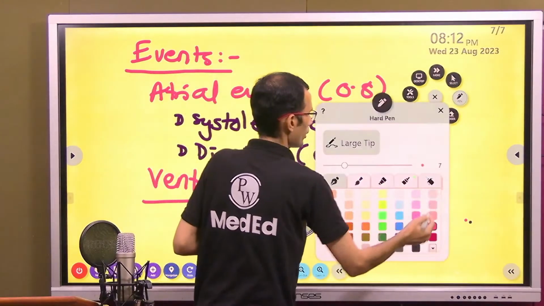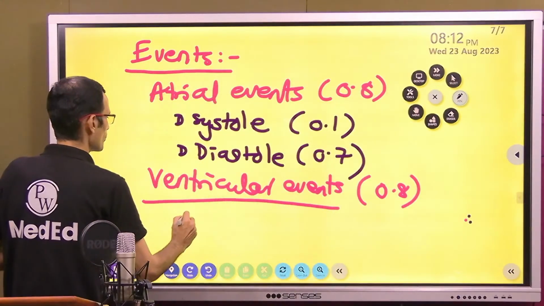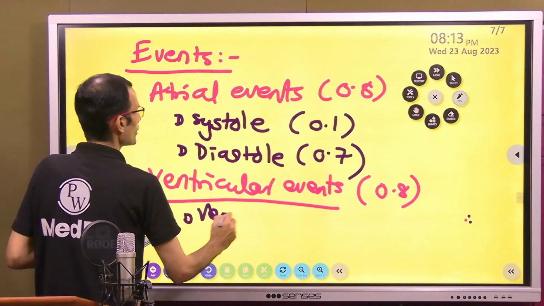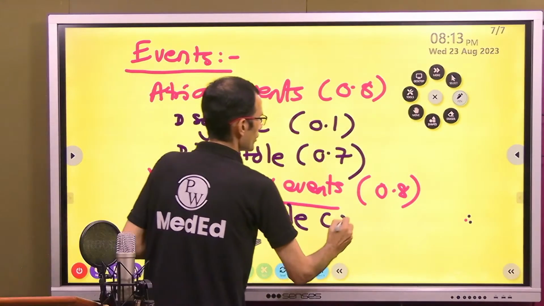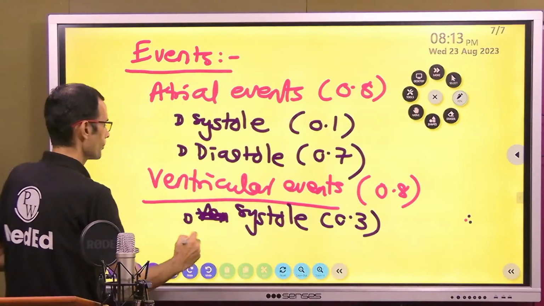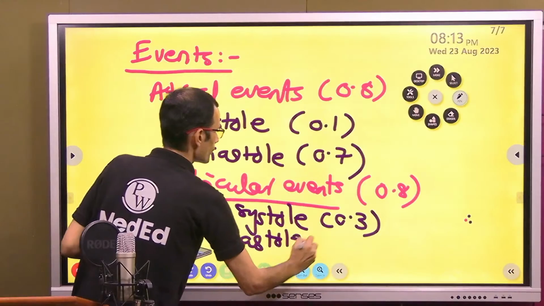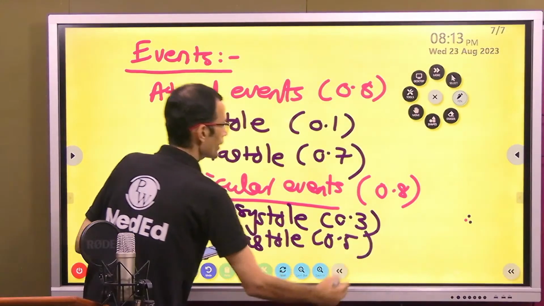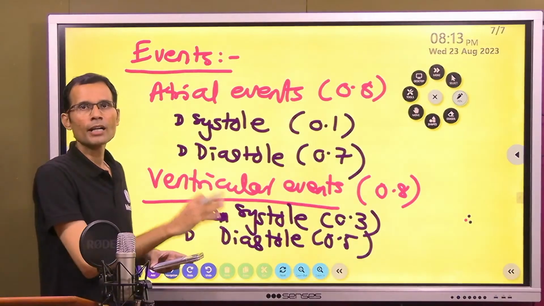Ventricular systole, then diastole. Let's see the duration also. Systole is for 0.3 seconds and ventricular diastole is for the remaining 0.5 seconds. So these are the events in the cardiac cycle.